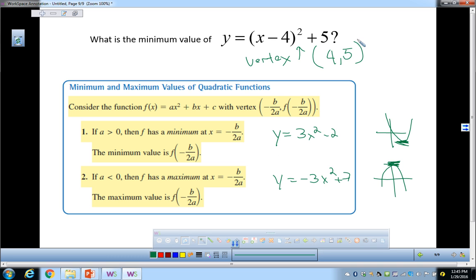If I graph this parabola, the vertex is at 4, 5. The minimum value is the y value. So when they're talking about the minimum value, the x coordinate is where you find the minimum value. The minimum value is 5.